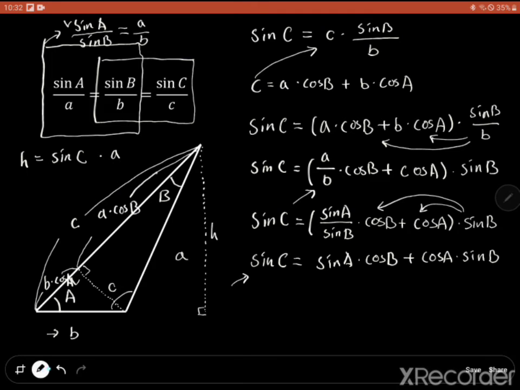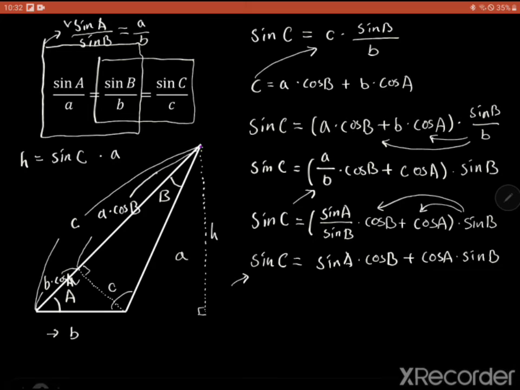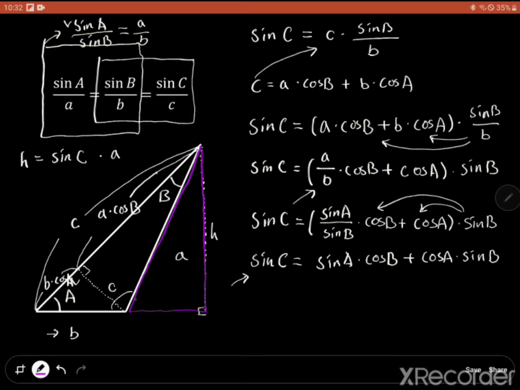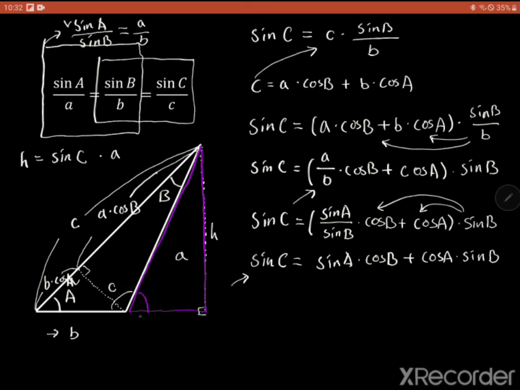If you see the small triangle, let me choose another color this time, which is purple. If you see the small triangle, then this h is also the height of the small triangle. Then let me ask a question: what is the angle of this part?